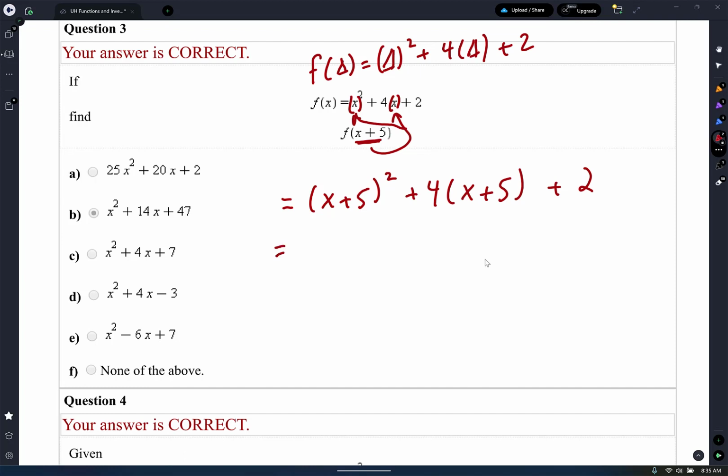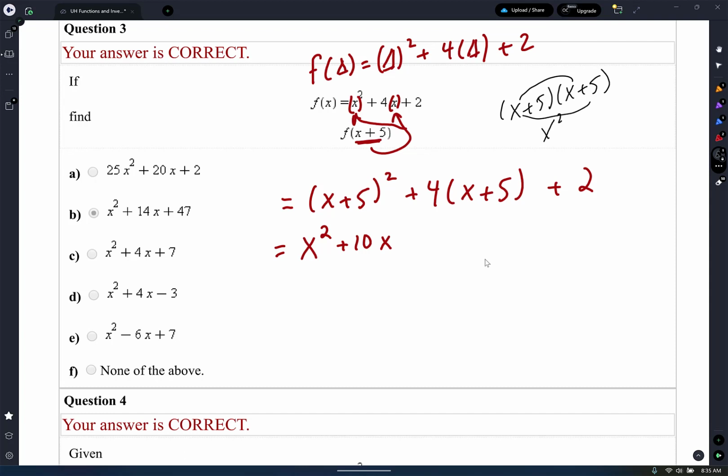Let's expand it. X times x, x squared. X times 5, because all I'm doing is foiling. X times 5 is 5x. You're going to have 2 of those, so 10x. Do you guys know what I'm doing, guys? Okay. I see some of you guys don't want an answer. This is what I'm doing. That x plus 5 squared is this. I'm doing this.